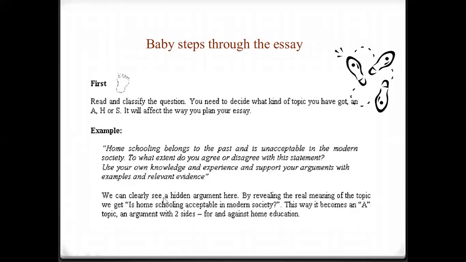We can clearly see a hidden argument here by revealing the real meaning of the topic. We get, quote unquote, is homeschooling acceptable in modern society? This way, it becomes an A topic, or an argument topic, with two sides for and against home education.